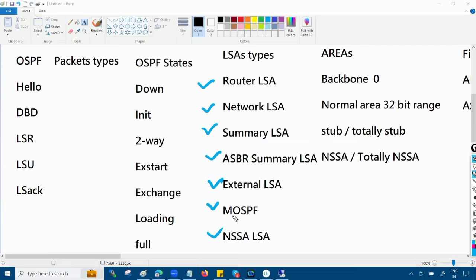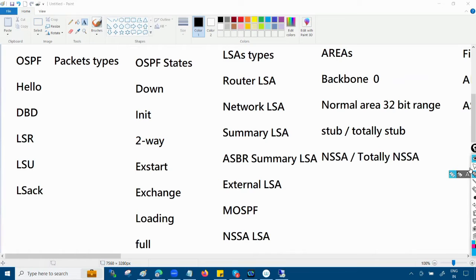Then you need to troubleshoot these LSAs. And troubleshooting these LSAs, again, is a very critical part. You need to find where the router LSA is coming from, where the network LSA is going, who is advertising the network LSA, who is advertising the summary LSA, who is not advertising the, like, ASBR summary LSA. So these are the kind of things that you need to follow in OSPF.